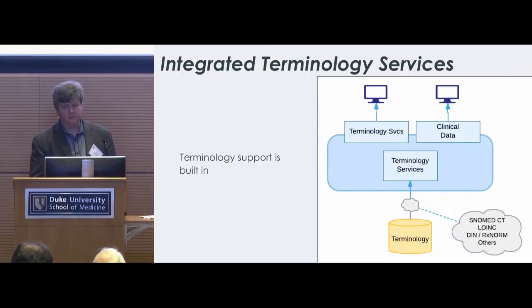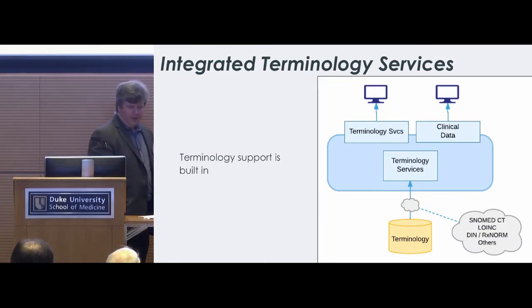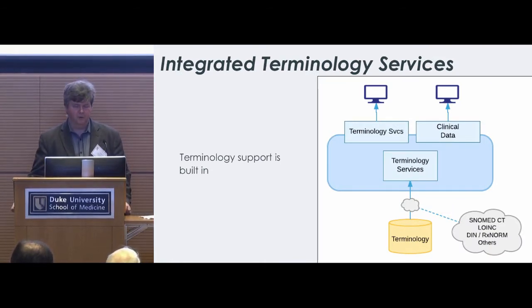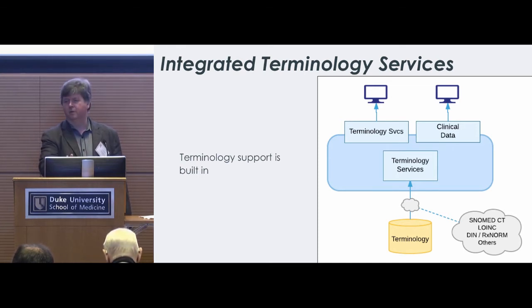So, integrated terminology services. This is also another particularly useful thing, we think. What this lets you do is pick, for example, as part of your query, a subset of SNOMED. So for example, if you were querying for all of the labs a person had, and then you wanted to narrow that query down to a particular subset, you can use the integrated terminology services to say, get me all of the things that are within this subset of a particular terminology, and make it more constrained for your users.